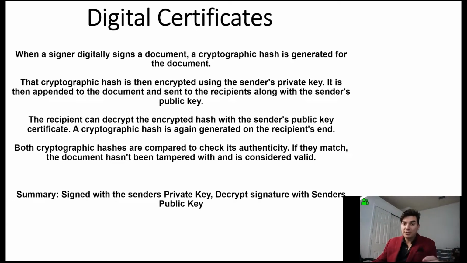When you send that digital signature out on that document, the receiver is going to verify your identity with the public key. The recipient can decrypt the encrypted hash with the sender's public key. A cryptographic hash is again generated on the recipient's end, and it matches for authenticity the original hash that was created on your side. So it's signed with the sender's private key and then decrypted with the sender's public key.